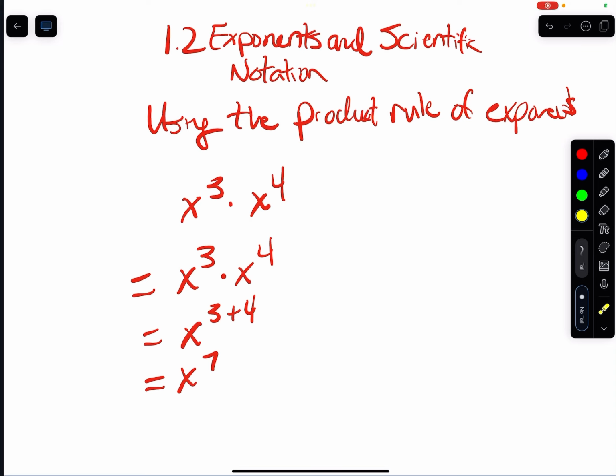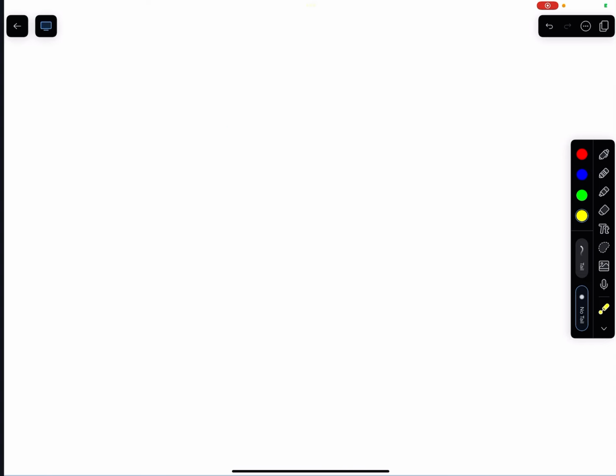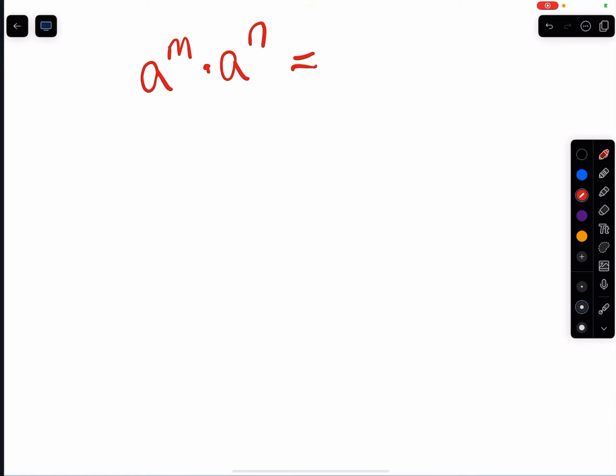This is the product rule of exponents. The product rule of exponents says that if we have a base a raised to the m power times base a raised to the n power, anytime we see that, that is a to the m plus n power.